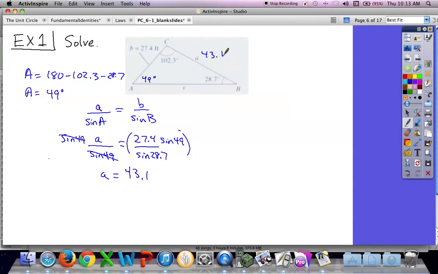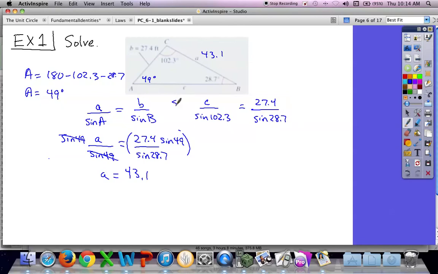And we still have to find side C. Can I use the Pythagorean theorem then to find the third side? No, why not? It's not a right triangle, so you can't use the Pythagorean theorem. You're going to have to just use the law of sines again. So let's try C over the sine of 102.3 equals, and I'm going to use the same right-hand side, 27.4 over the sine of 28.7.